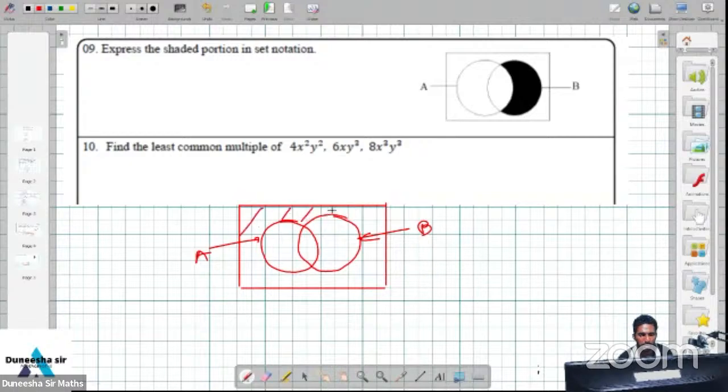Then what is this area? Can you tell me? ඔය area එක මම මොකද්ද පාට කරලා තියෙන්නේ? It's what? A dash නේද? Is it? Next time drawing another one.